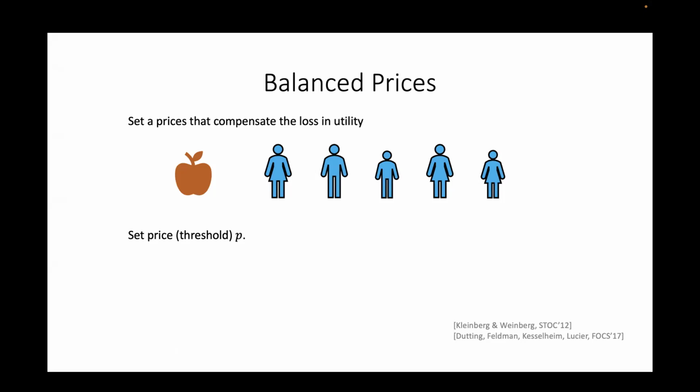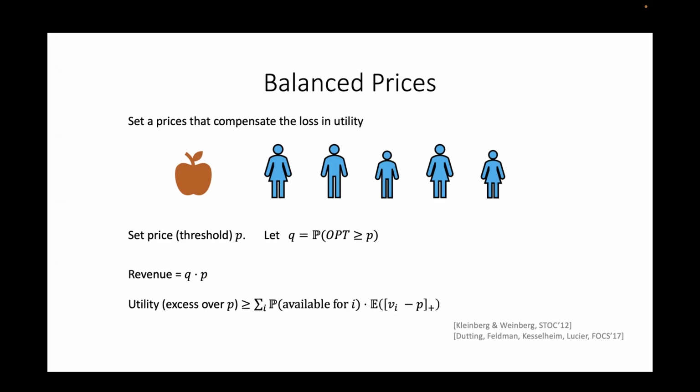So we set the price, which you can think also as a threshold in this problem, right? So the first person that arrives whose value is larger than the price, we take it. And let's call Q the probability that the maximum value is above this.